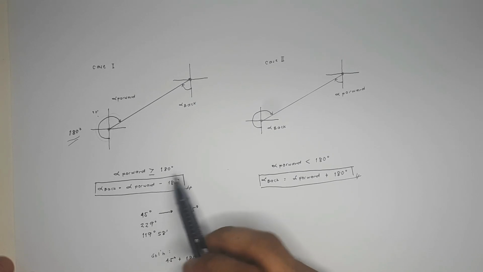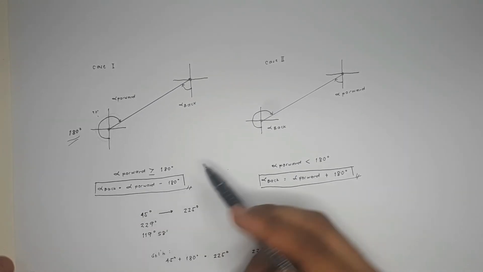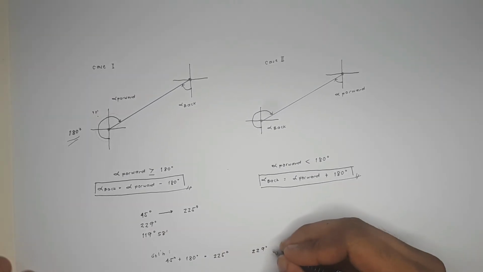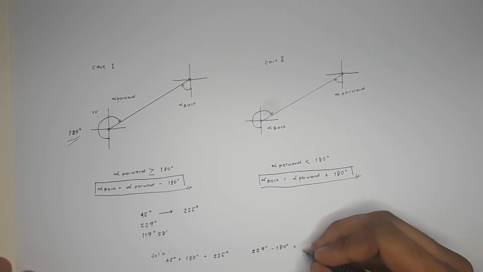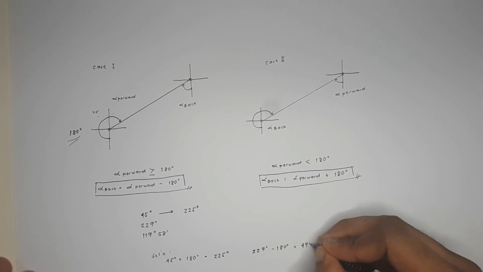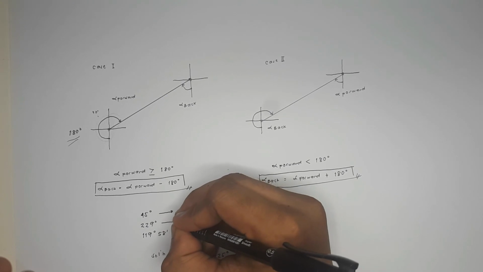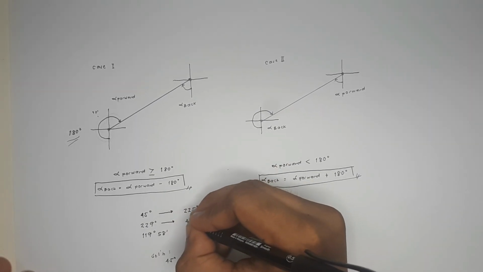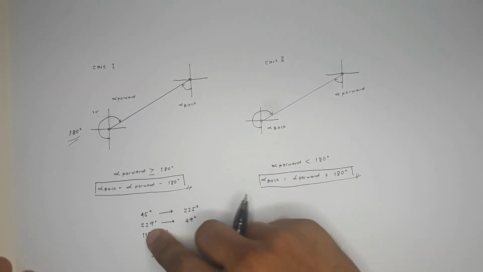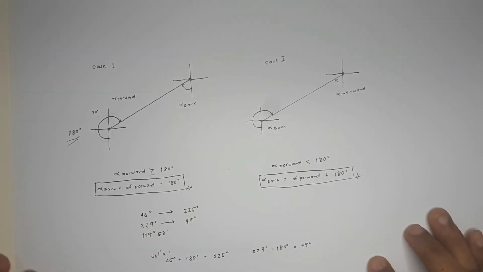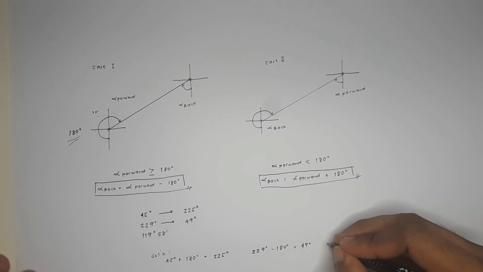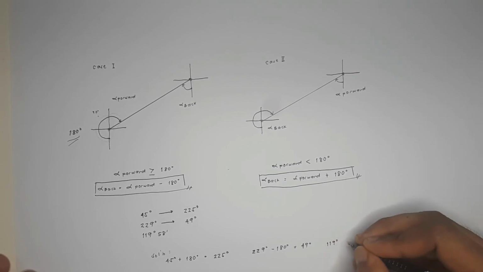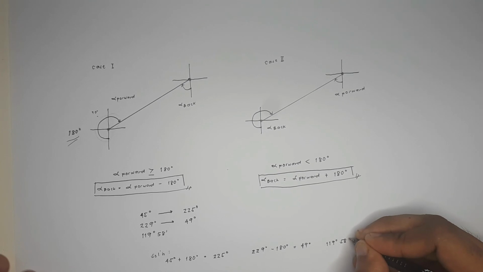So we will be using the formula for our case 1. 229 degrees minus 180 degrees will give us 49 degrees. So this will be the back azimuth of 229 degrees. And lastly, we have 119 degrees, 58 minutes.